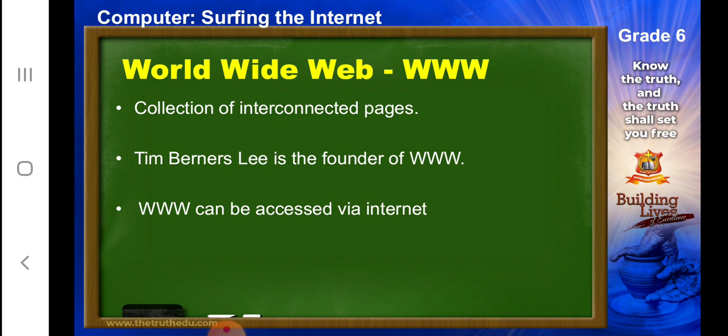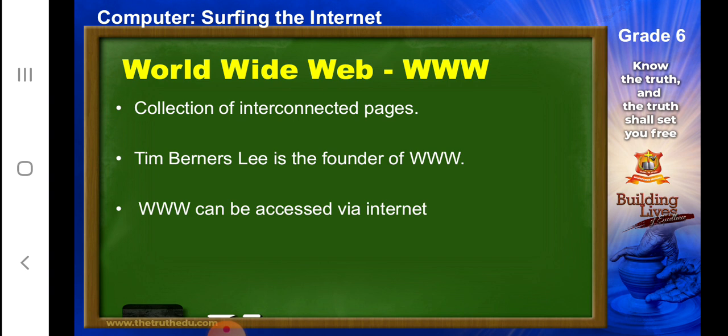Now, what is the World Wide Web? World Wide Web is a collection of interconnected pages. So a lot of pages which are connected to each other are called www. Now, www can be accessed via internet. So we need to have internet to access any www website.